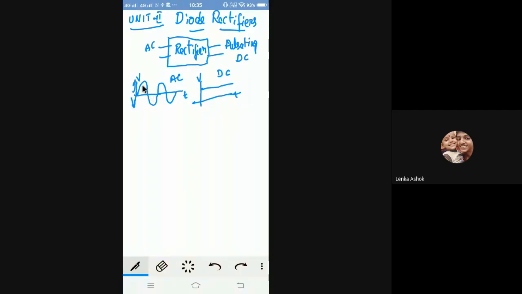So AC signal is having both positive as well as negative values, whereas DC signal is having either positive or negative value. The first difference is AC signal has both positive and negative values, whereas DC signal has only positive or negative values.